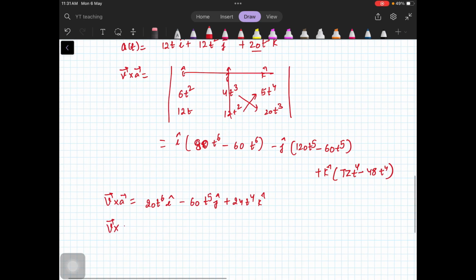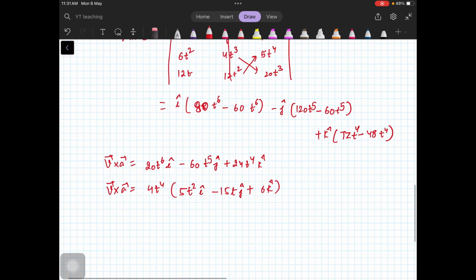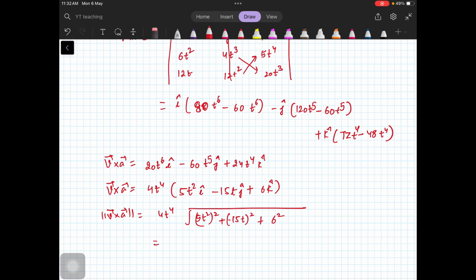So you have V cross A as 4t raised to power 4 times (5t square i cap minus 15t j cap plus 6 k cap). If you look at the modulus of V cross A, that would be 4t raised to power 4 times the square root of (5t square) square plus (15t) square plus 6 square. So that would be 4t raised to power 4 times the square root of 25t raised to power 4 plus 225t square plus 36.